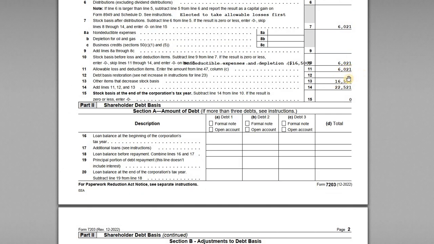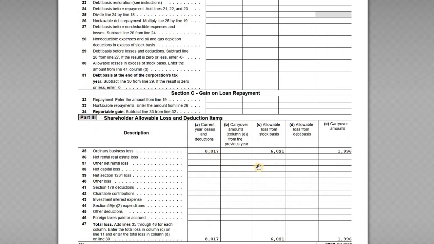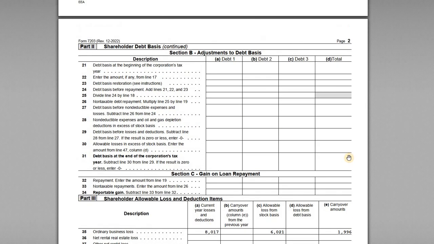And the answer is yes. So what that means is we can't claim all of the loss. We're going to have a loss allowable, but it's going to hit a ceiling on what our basis is. So we are able to claim $6,021 of losses. And so the excess, the carryover amount, is $1,996. So that piece gets rolled forward to next year.